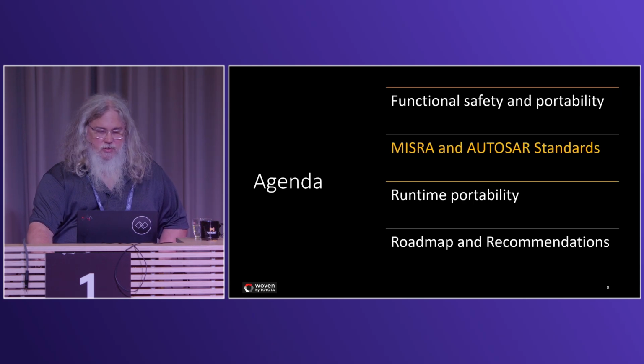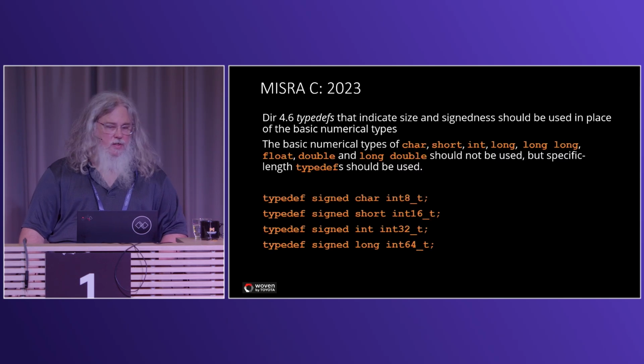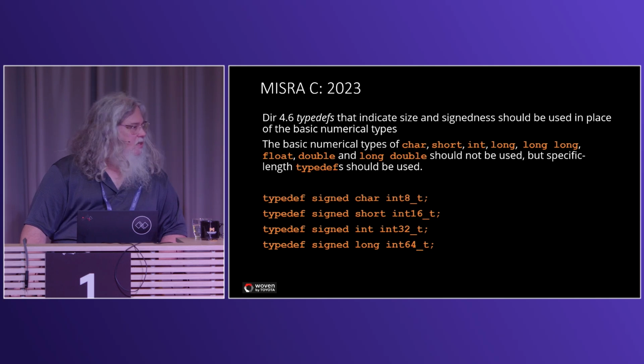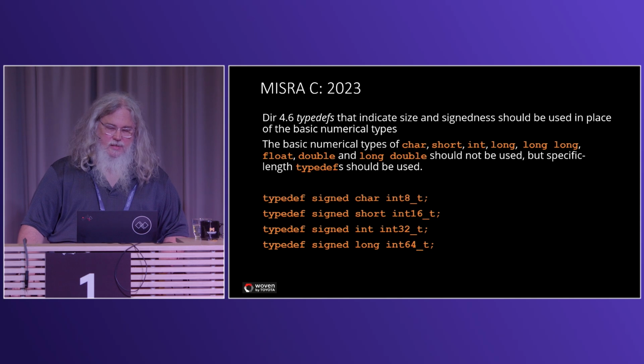So let's talk about MISRA and AUTOSAR standards. I'm a member now of both the MISRA C committee and the MISRA C working group and the MISRA C++ working group. And I think I announced this one year ago at this meeting, but I'm also the convener of the C standards committee. So it's kind of interesting being involved in these various activities.